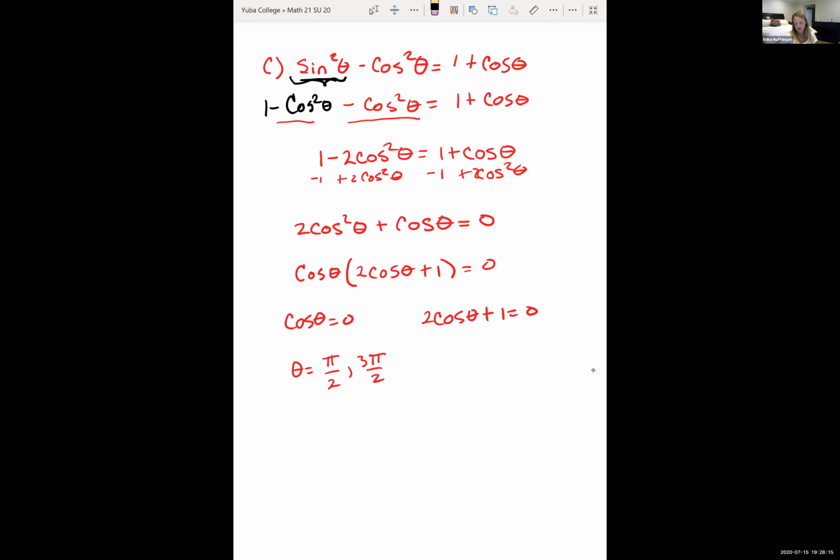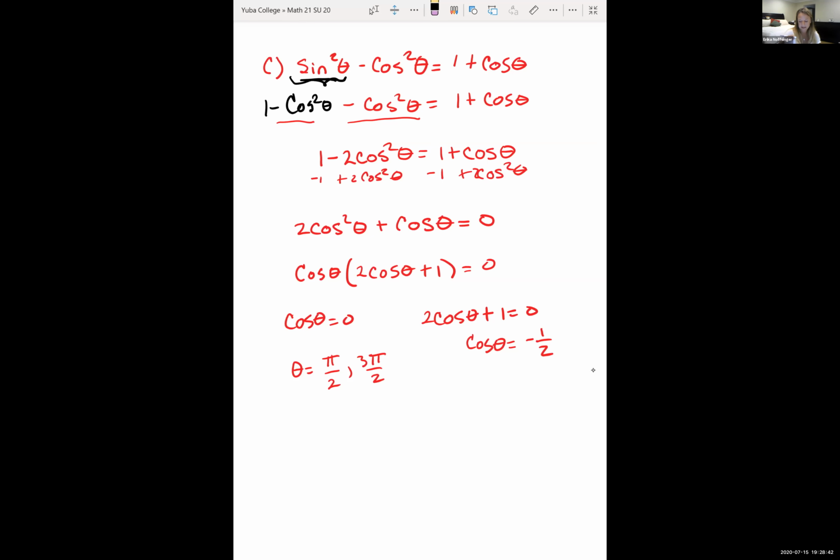And if I solve for cosine here and I subtract 1 and divide by 2, I am looking at when is cosine theta equal to -1/2. Well, in the first quadrant it is 1/2 at 60 degrees. But negative is the second quadrant and third quadrant. So 60 degrees, which is pi thirds.